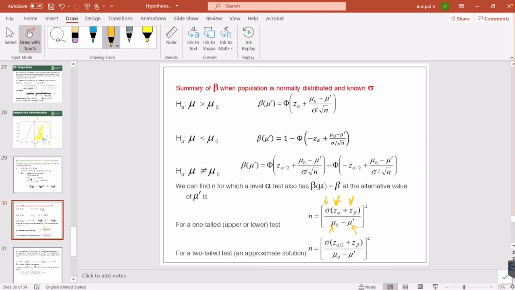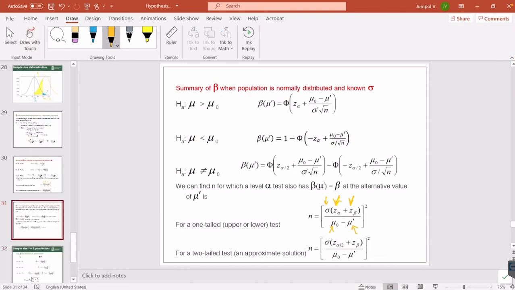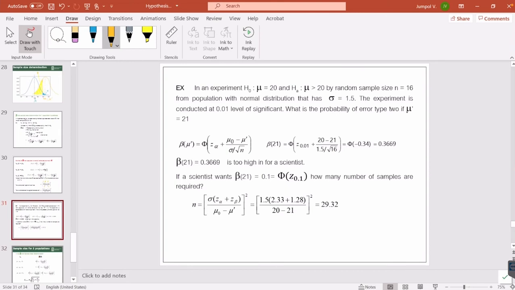So let's take a look at an example here. In one experiment, the hypothesized mean mu is 20, but the alternative hypothesis is mean greater than 20, with a random sample of 16 from a normally distributed population with standard deviation of 1.5.